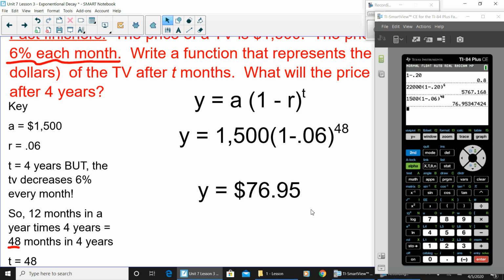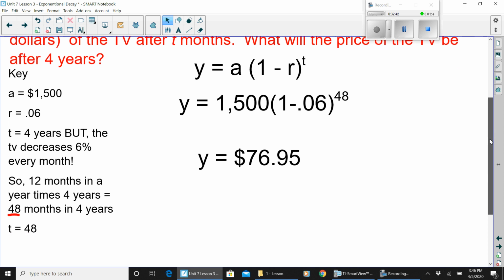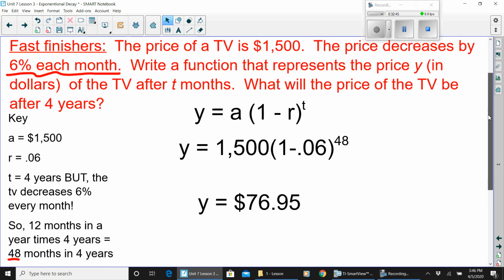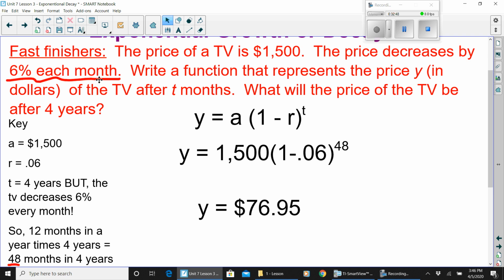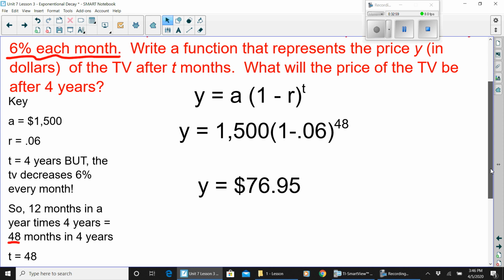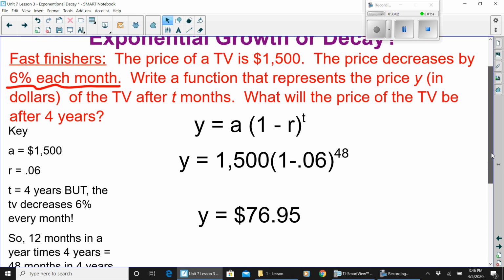All right, if you put 4 in for the T, then you just basically figured out a 6% decrease every year, but it's a 6% decrease each month. I don't know if the question was, it is a fast finisher question. It's meant to be a little bit more difficult and take you a little bit beyond. But that's the final answer for that one.